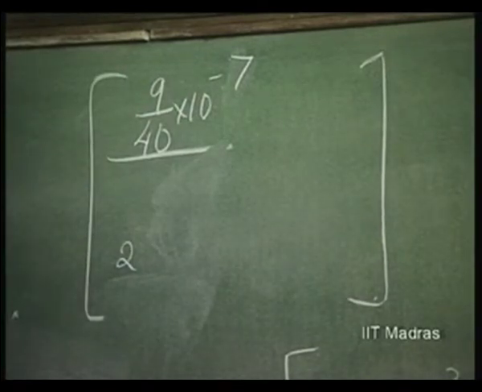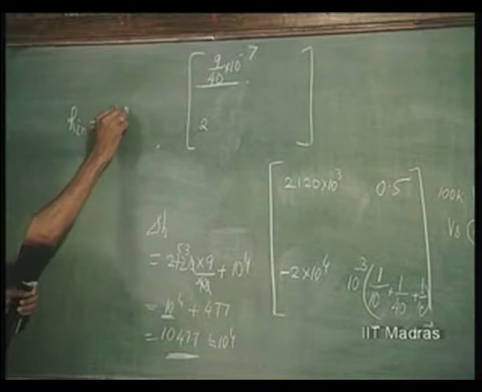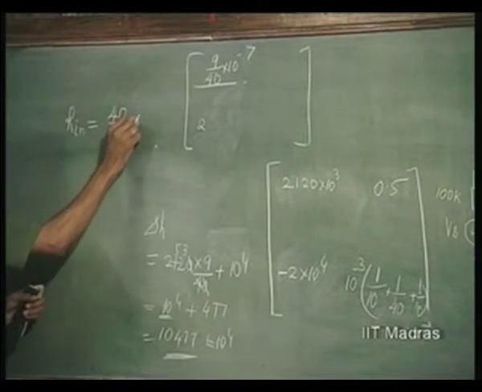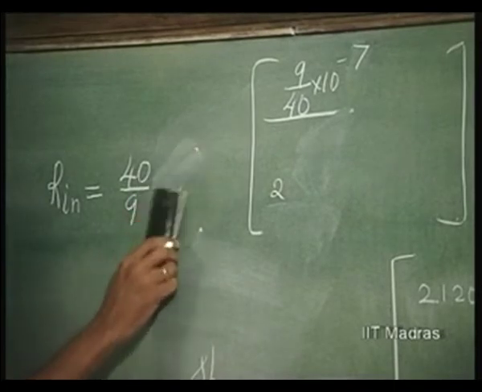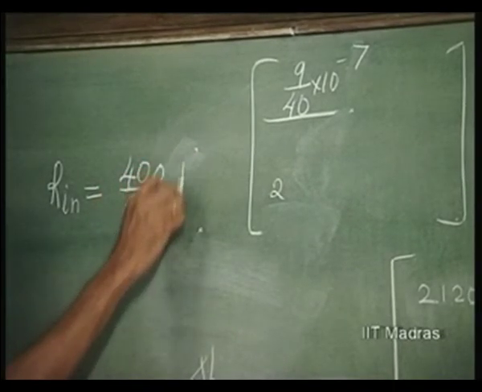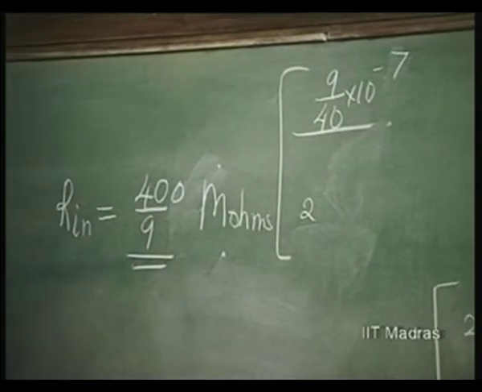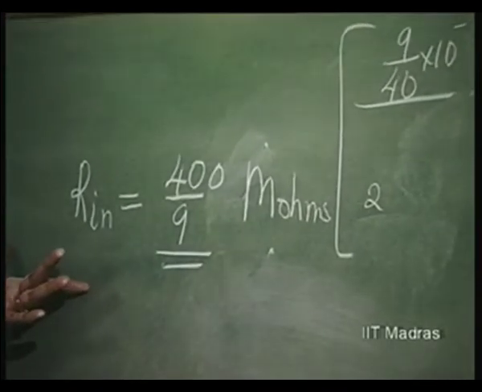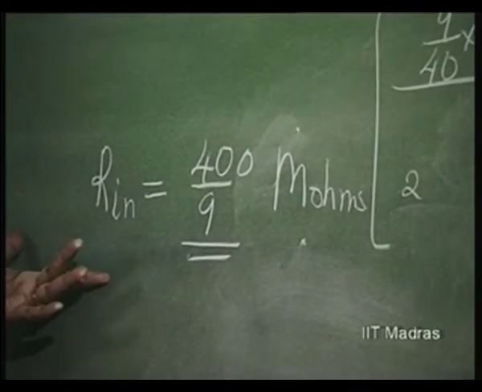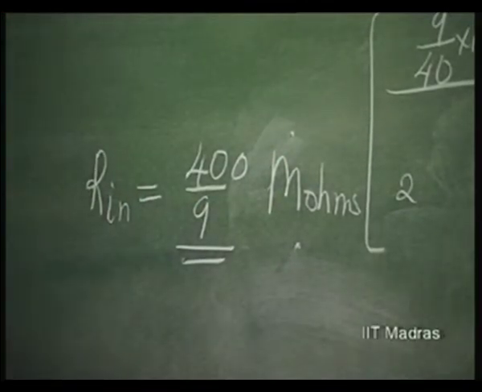What is it actually? It is nothing but input impedance, which is 40 by 9 into 10 to the power 7 ohms, or 400 by 9 mega ohms. This is the kind of input impedance that this feedback amplifier has given you, 400 by 9 mega ohms. So, it has become almost an open circuit.